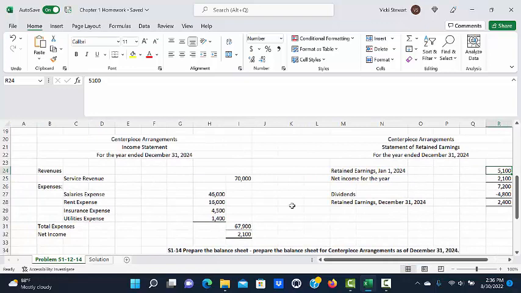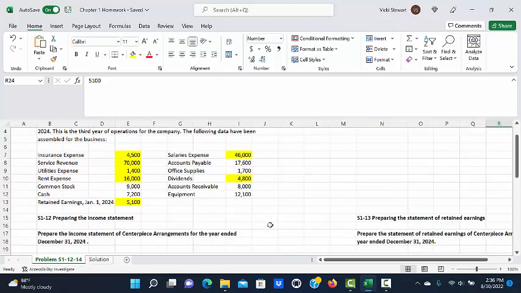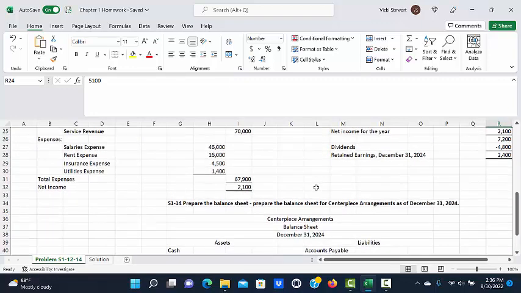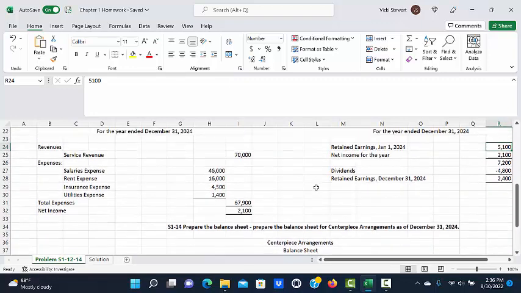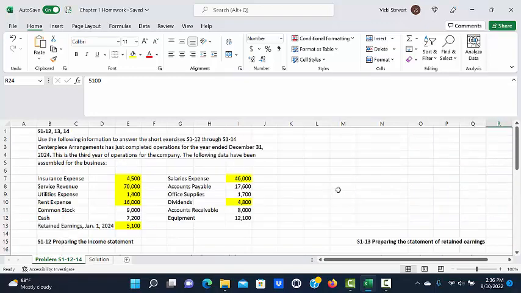Now the last statement that we're going to complete is going to be the balance sheet. If you remember, the balance sheet is the accounting equation. So we're going to list on the left side our assets, and on the right side our liabilities and stockholders' equity. So from the accounts that we still have left, we're going to go through and pick out the accounts that are assets.